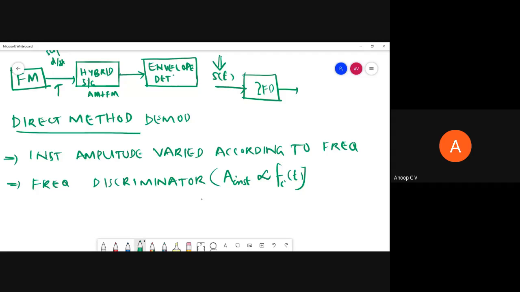So basically, a frequency discriminator consists of a slope circuit, I'll come to what exactly this is, followed by an envelope detector.